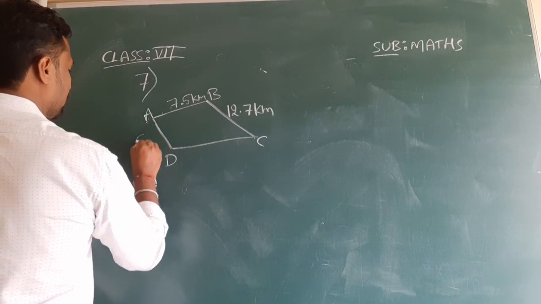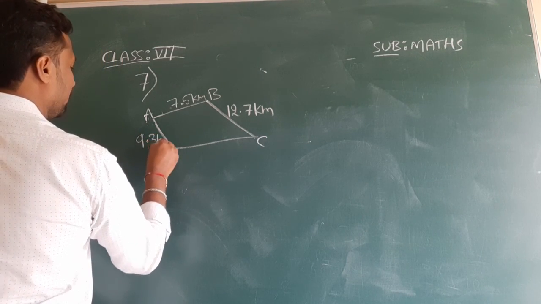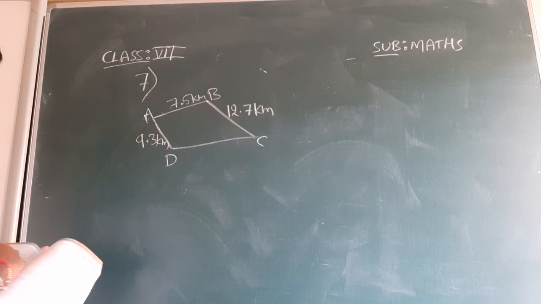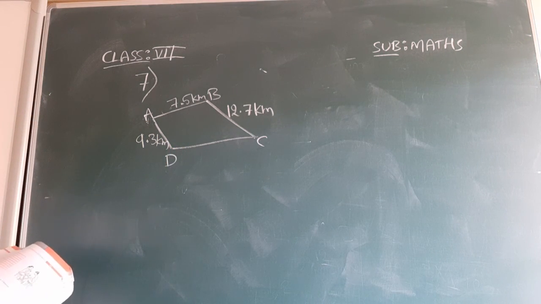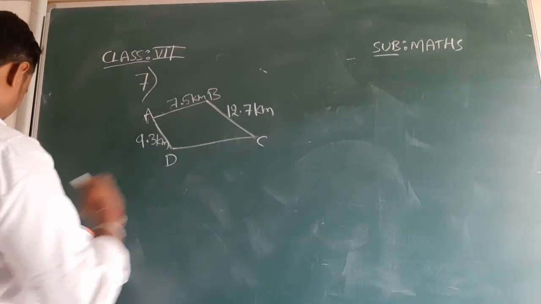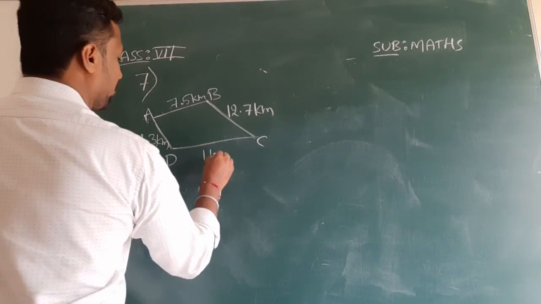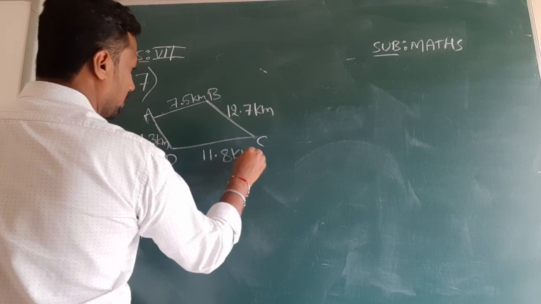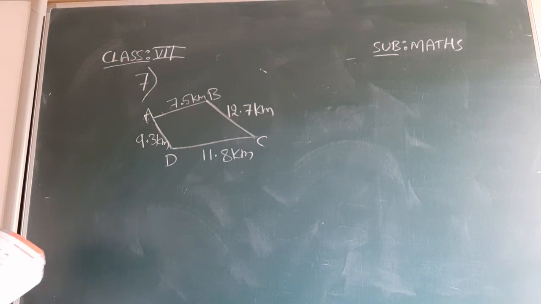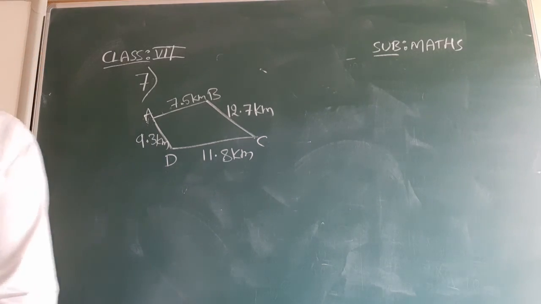D is 9.3 kilometers from this A and this C is 11.8 kilometers from D. Who travelled more and by how much?